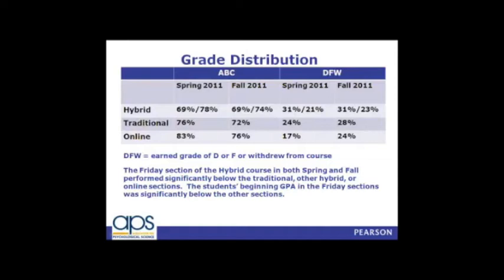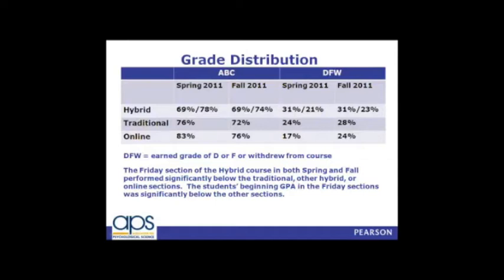We did have slightly higher withdrawal rates in the hybrid sections. We think this is because this is a new format to many students, and they need to become a little more comfortable with the format and the personal responsibility that this format brings.